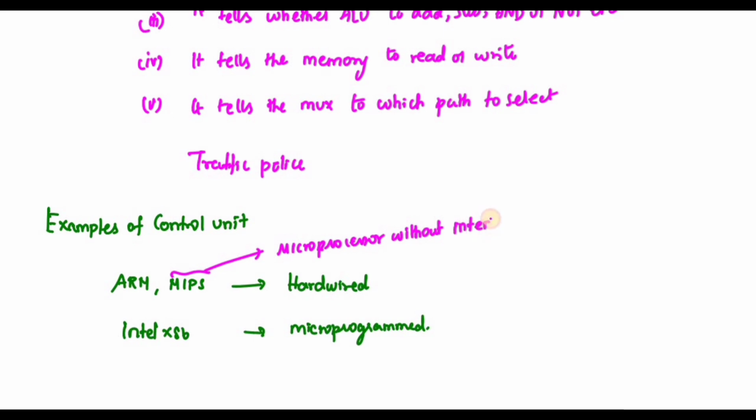We have discussed this already. Whenever I use a MIPS or ARM processor, it is called a hardwired CPU control unit. Suppose I use an Intel x86, it is a microprogrammed control unit. So this is an example.